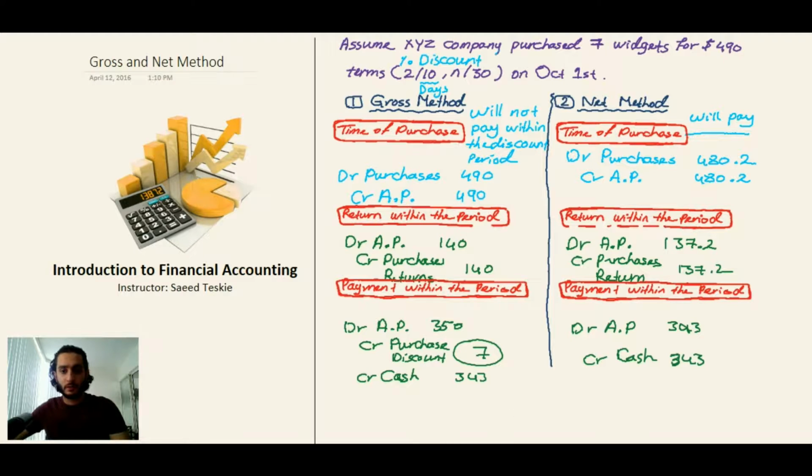Okay, let's assume that we did not pay within the discount period using the net method. What will happen? If we did not pay within the discount period, we will debit accounts payable 343.